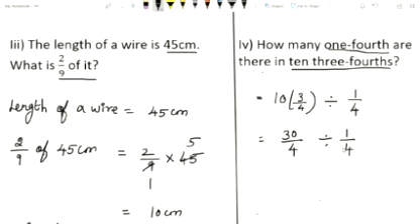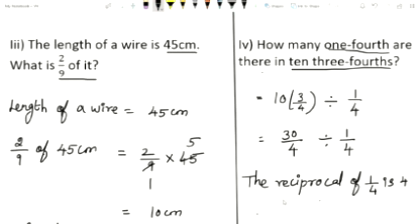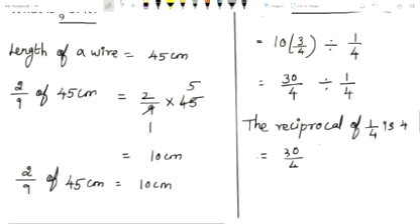Okay. Now we are going to divide this. So if you want to divide this, we have to take the reciprocal of the divisor, then we multiply with the dividend. Okay. So the reciprocal of 1 by 4 is 4 by 1. 4 by 1 means 4 only. Okay, children. So 30 by 4 into reciprocal of 1 by 4 is 4.